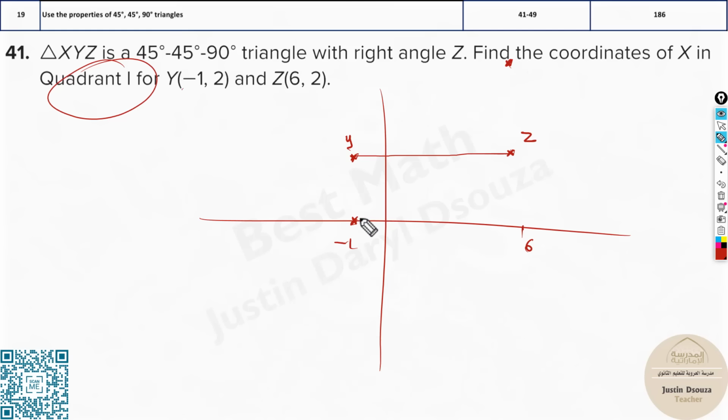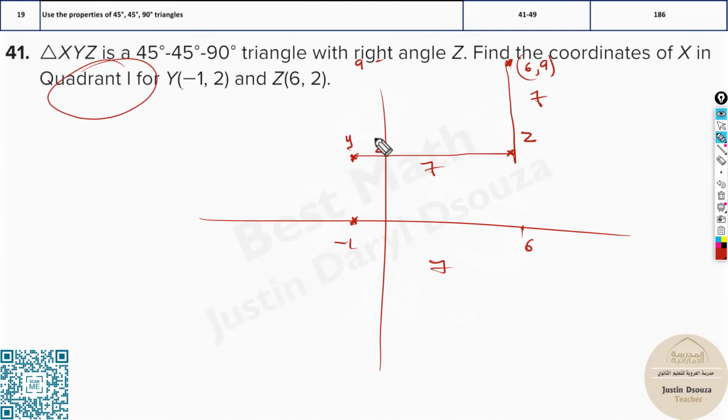How much? Can you see this? This distance is a total of 7. So I have to add 7 over here as well. This and this must be 7. So this point over here is at 2 plus 7, which is 9. The y coordinate is 9. What is the x coordinate? It is 6, because it has to be in the first quadrant.